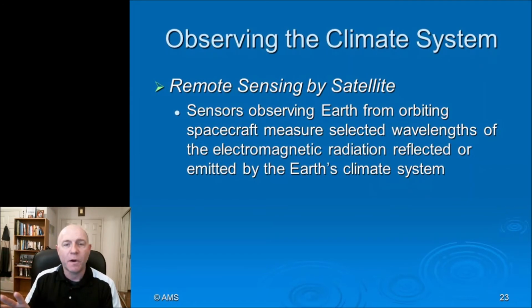For the most part, these are sensors that are observing Earth from orbit, either low Earth orbit or geosynchronous Earth orbit, and we'll talk about the difference of those in just a minute. But basically, we're looking at different waves in the electromagnetic spectrum and then using that information about the energy coming off in those wavelengths to cross-reference what we know about the Earth system to make some sense of what we're seeing.